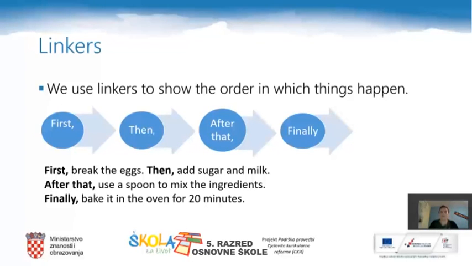So that's the second thing you need to do. After you break the eggs, you need to add sugar and milk. Step number 3. After that, use a spoon to mix the ingredients. And number 4, finally, bake it in the oven for 20 minutes. So that's the last thing you should do. Like I said, these linkers in our case help us follow the steps we need to do when giving instructions in a recipe.